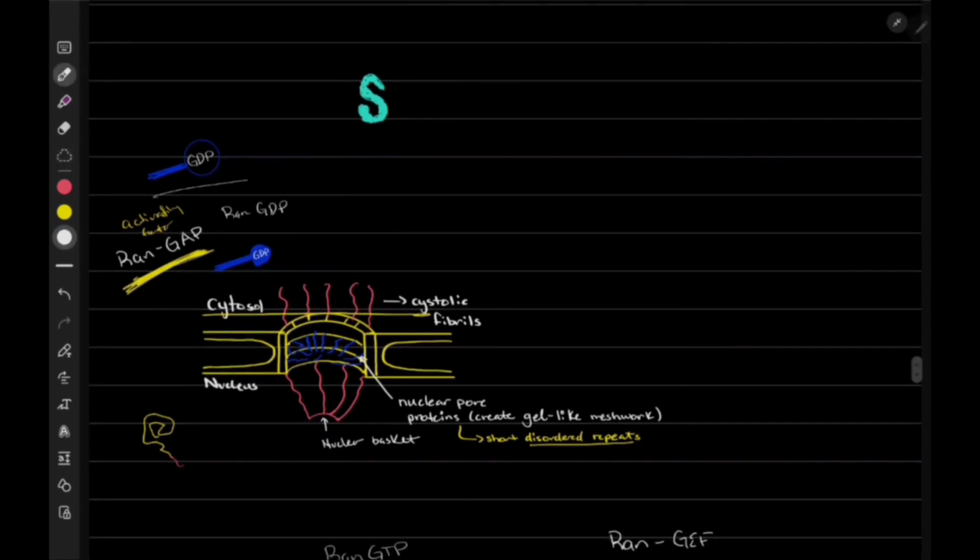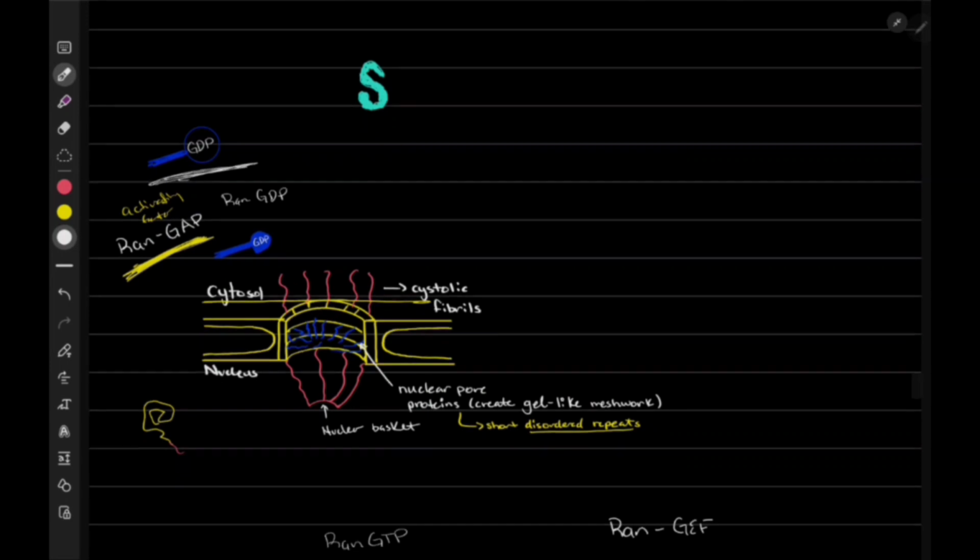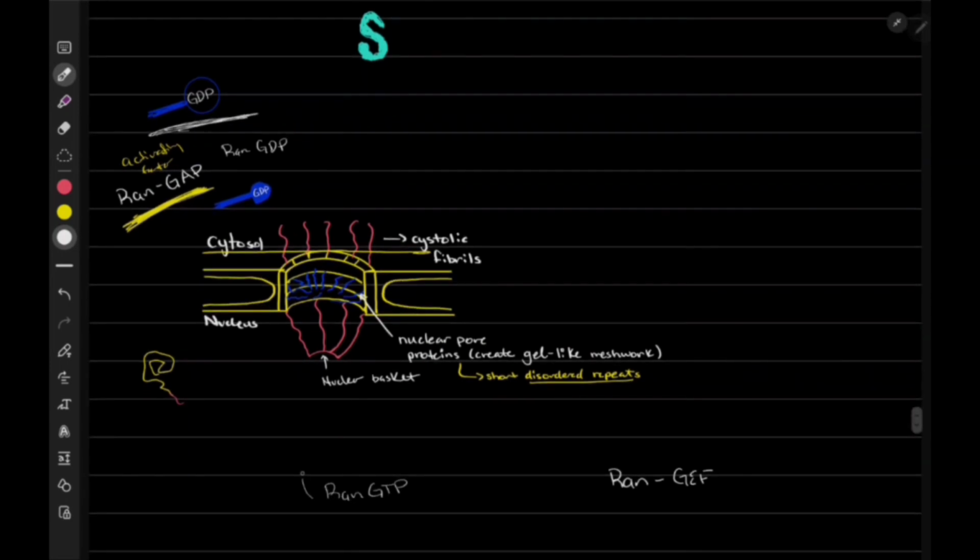Now that we have RAN-GDP off, we need to have a higher concentration of RAN-GDP inside our nucleus. So RAN-GDP will come into the nucleus, and there's another enzyme called RAN-GEF, which is an exchange factor that will exchange the GDP with GTP.